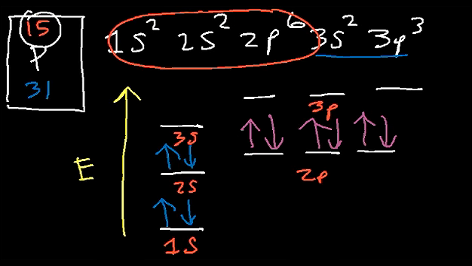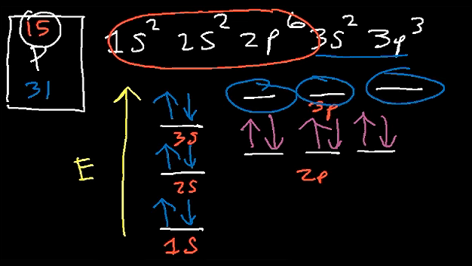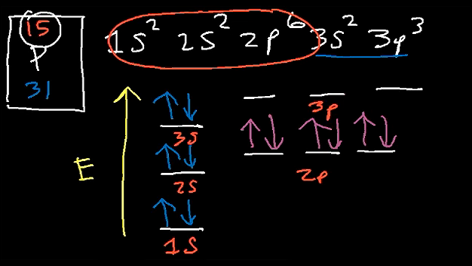So now we need to move on to 3s. According to the Aufbau principle, we need to add electrons to 3s before we add them to 3p, since 3s is lower in energy than 3p. Now once we move on to 3p, since these orbitals have the same energy level, they're horizontal to each other, now Hund's rule takes effect.